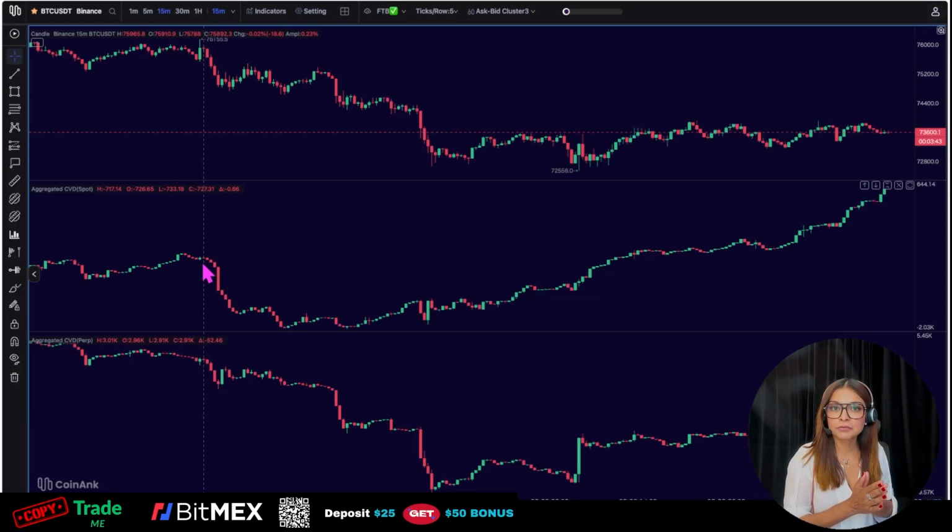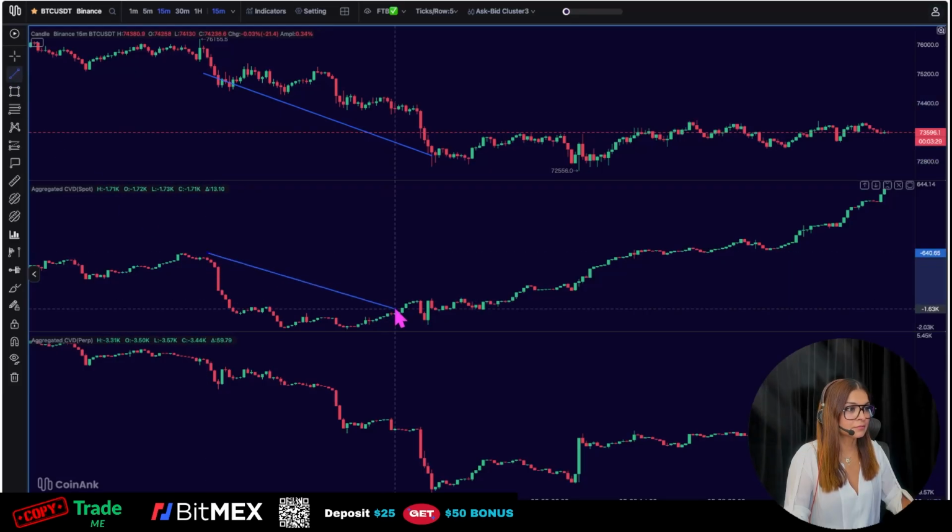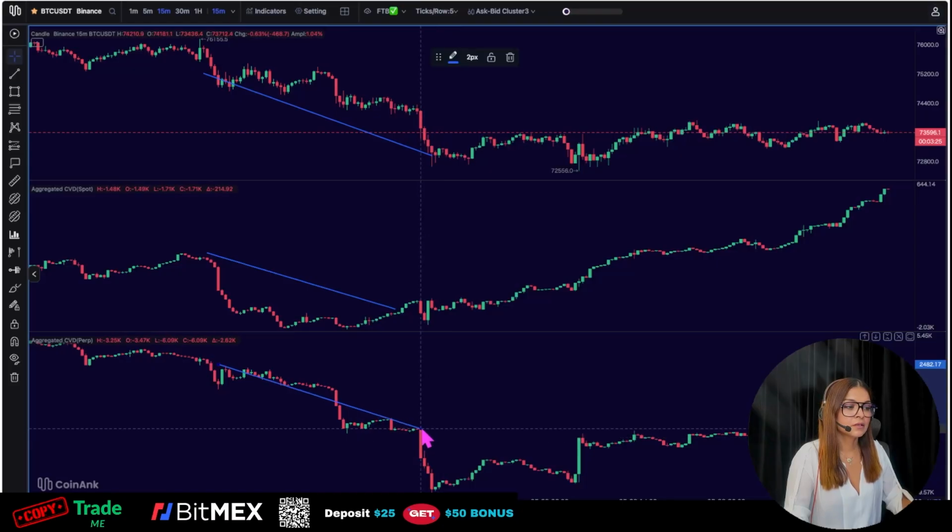So now how do we read CVD and price together? Let's have a look. When we see price down, CVD spot down, CVD perp down, we can assume that there is harmony. We can expect continuation of price. That's one way.